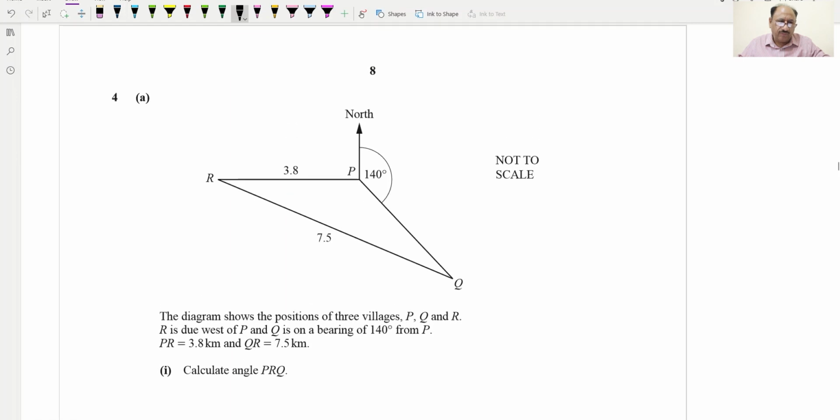Now question number 4, a bearing question. Part A: the diagram is not to scale.